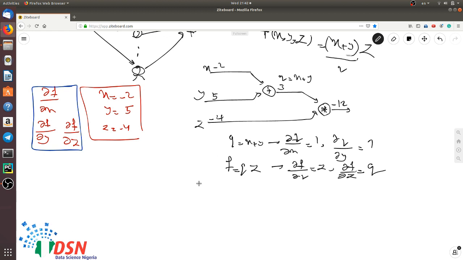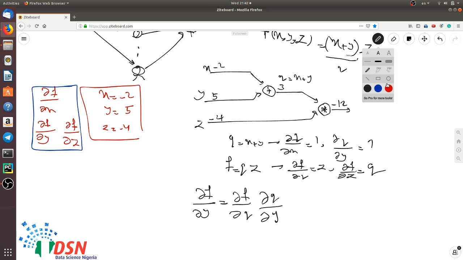So we could write the derivative of f with respect to y, the derivative of f with respect to q times this one, right? And we know that it is 1. Okay, and also this is z, right? So now we have all of these values to calculate this.